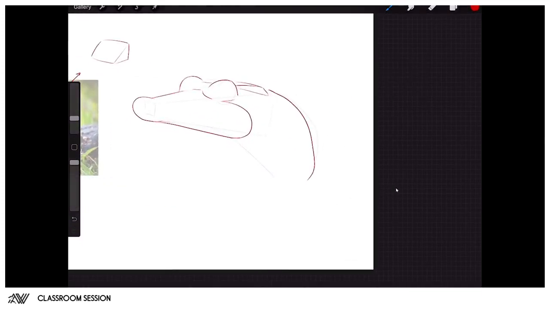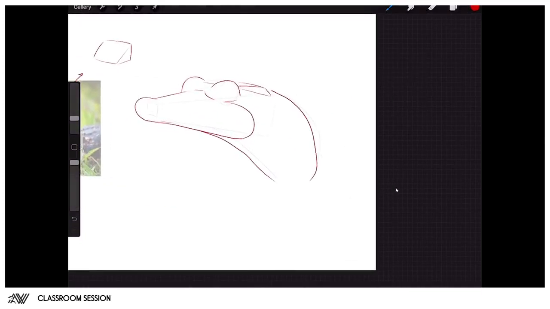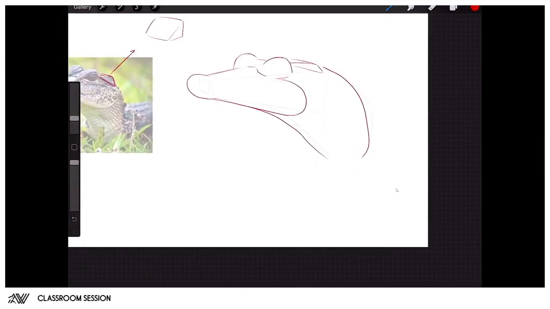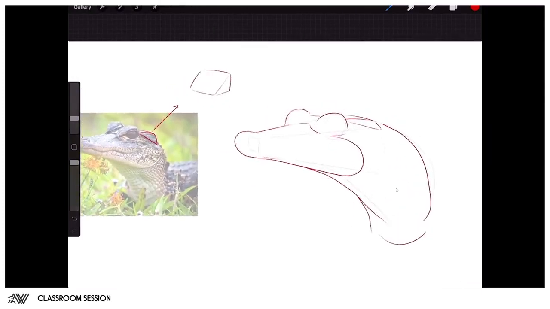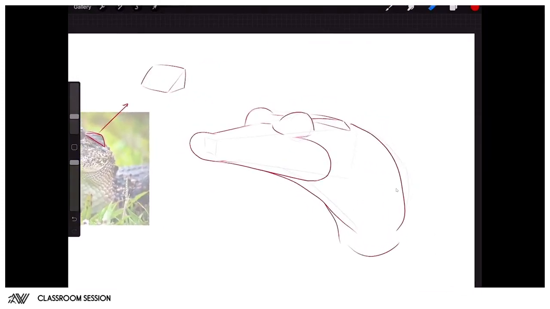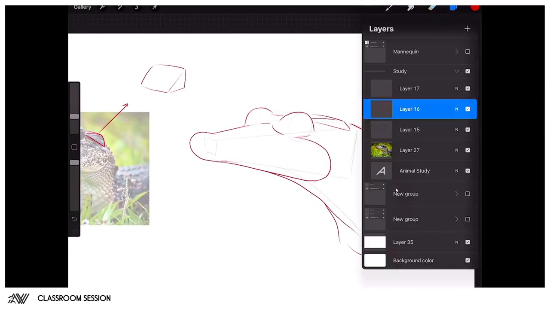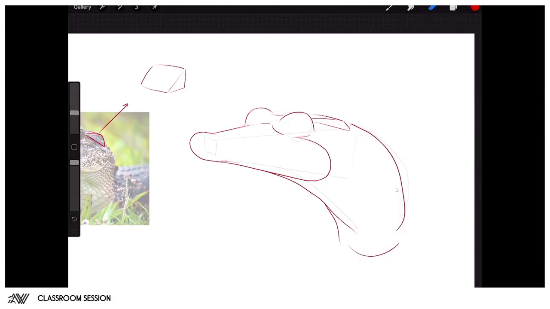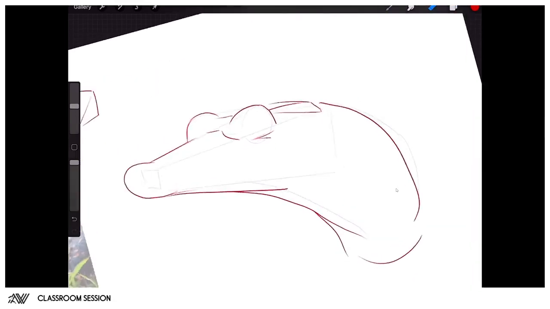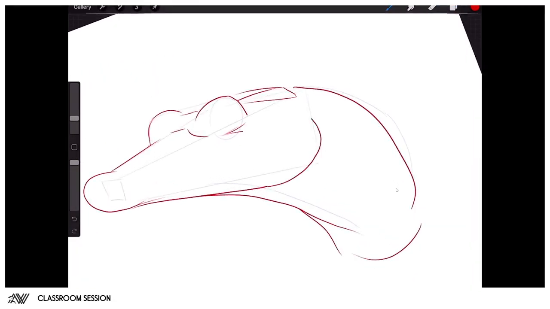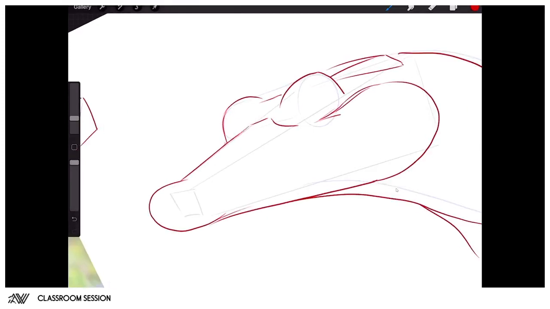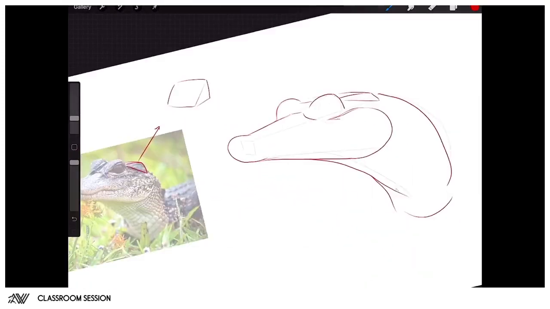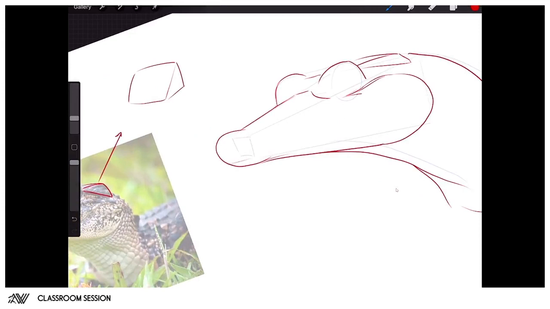And then I'm just going to keep that. And the snout is even a little larger. Like that. Okay. Now let's just draw in the mouth.